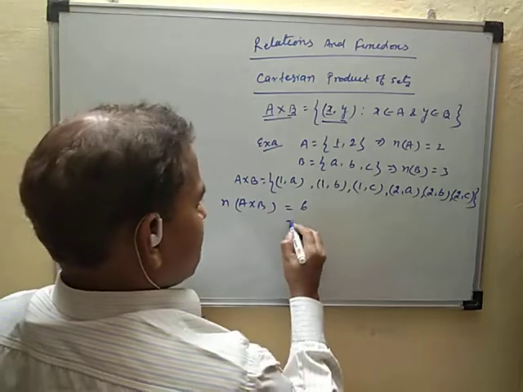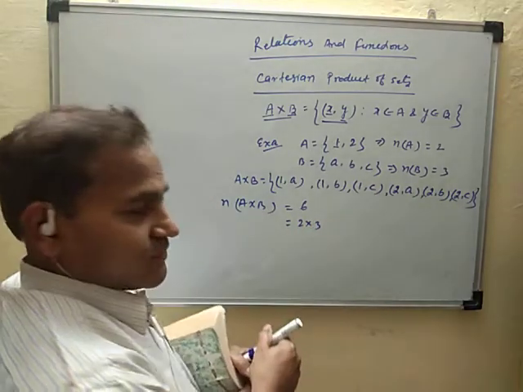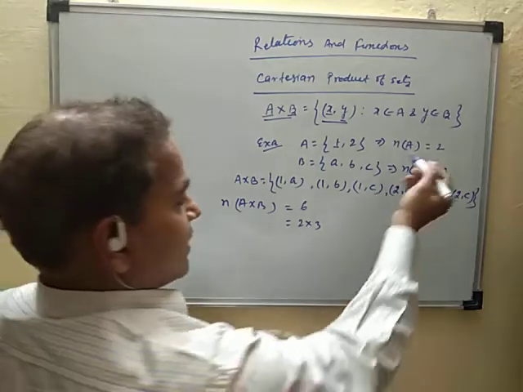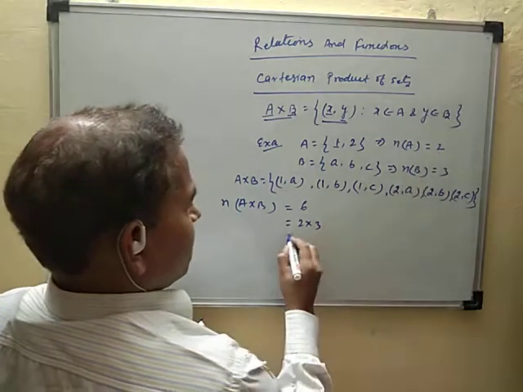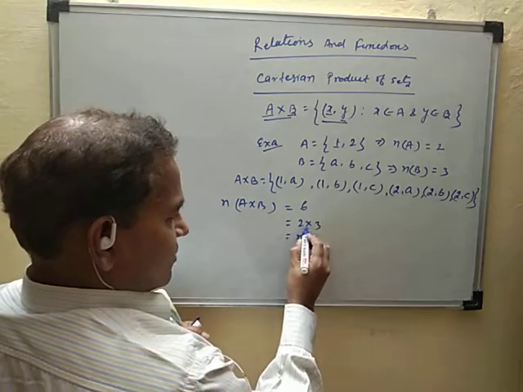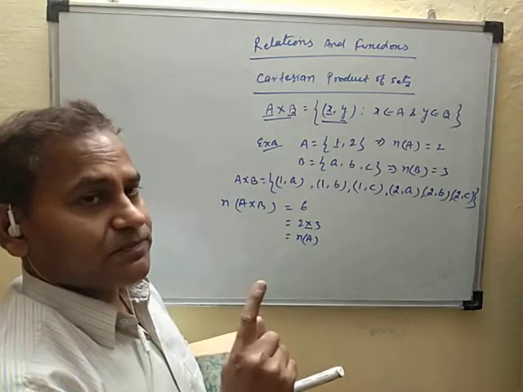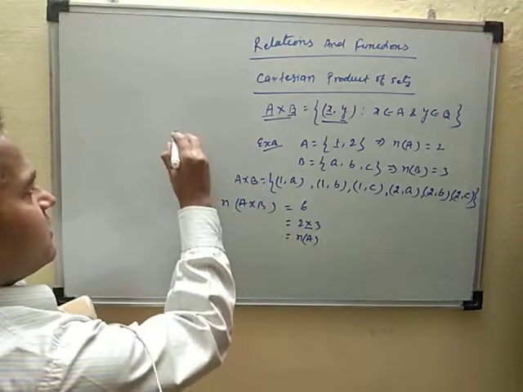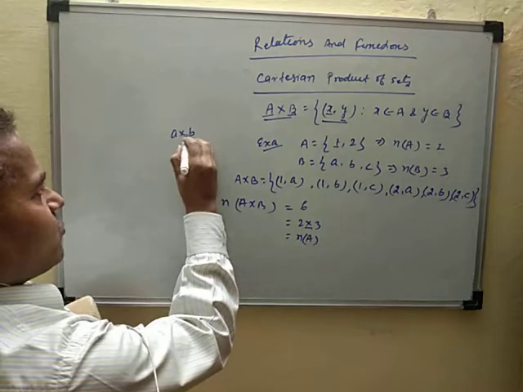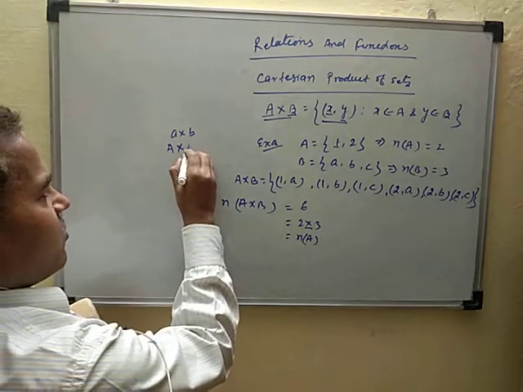This 6 can be written as 2 into 3, where 2 is the number of elements in A. This is not read as cross, this is 2 into 3. This is read as A into B, but this is read as A cross B.